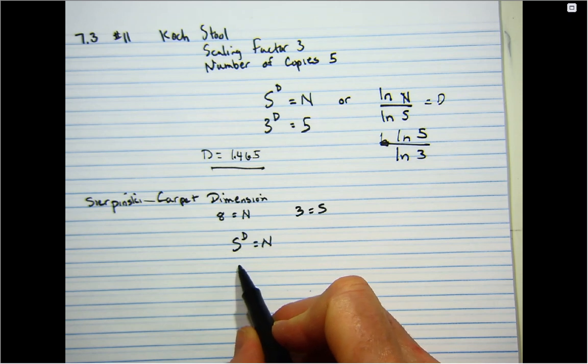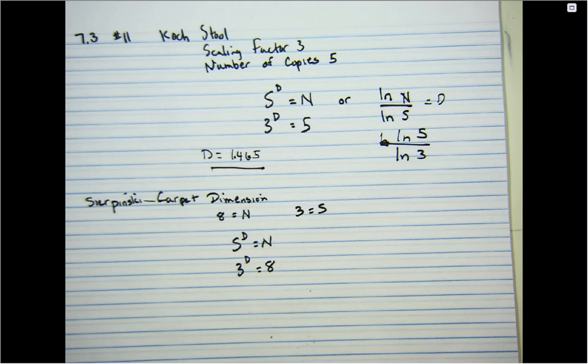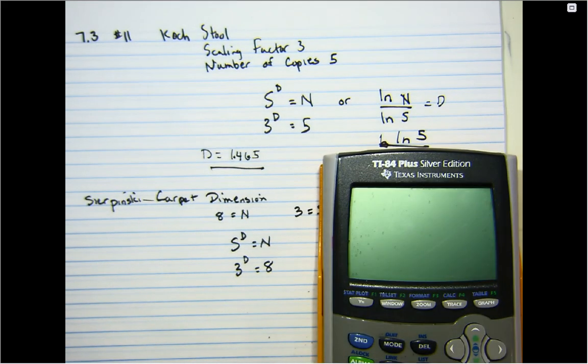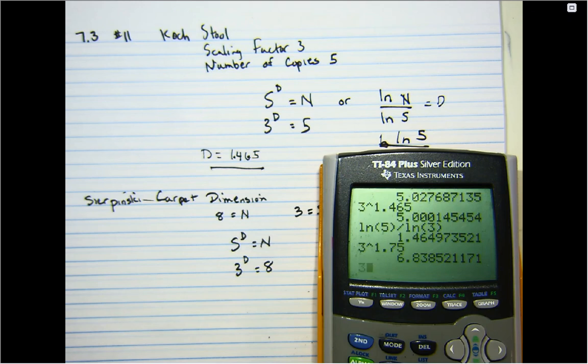So 3 raised to the dimension is 8. So this time we'll need an exponent closer to 2, right? Because 3 squared is 9. So I'll start with 1.75. So between 1.8 and 1.9.